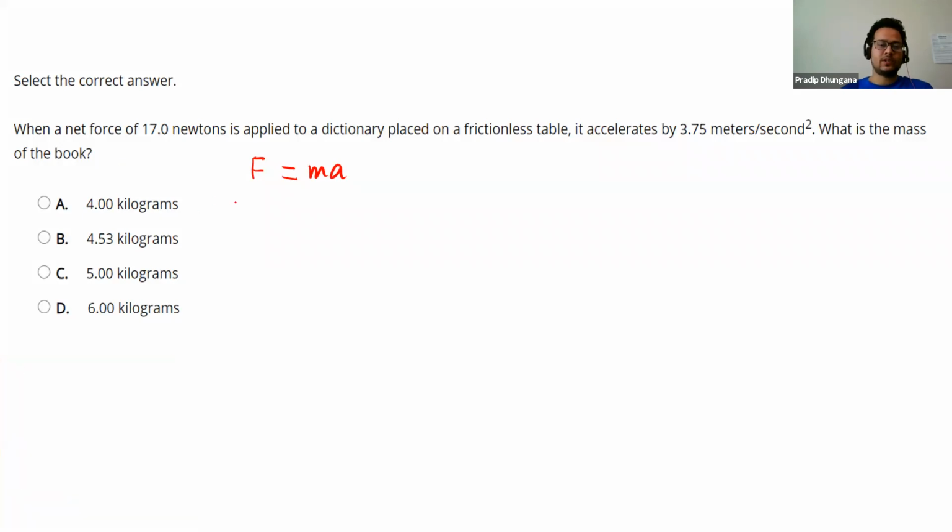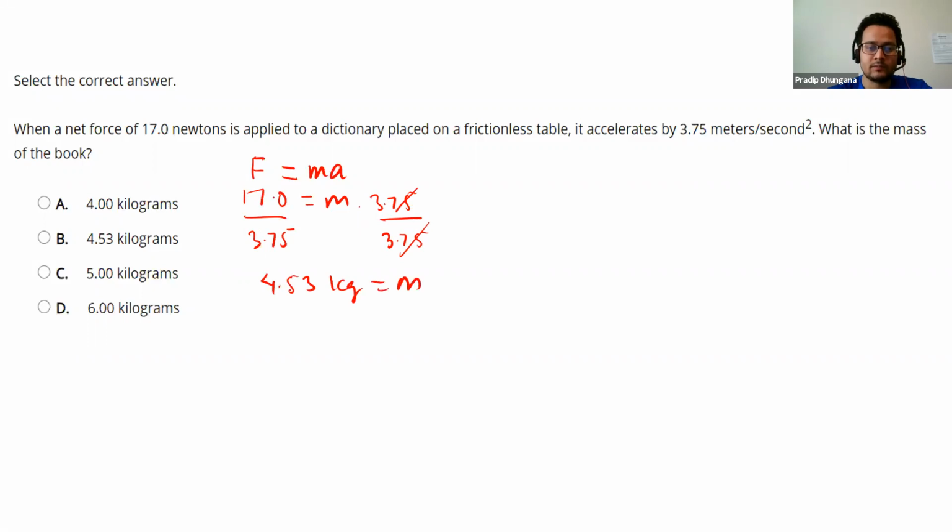Net force is given as 17 newtons. Let's just use the value, and I'll write the unit at the end. Mass we have to calculate. Acceleration is 3.75, so to calculate mass, divide both sides by 3.75. The 3.75 gets cancelled. 17 over 3.75 is around 4.53 kilograms.